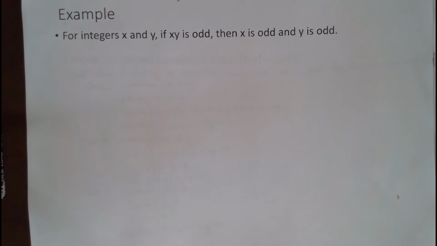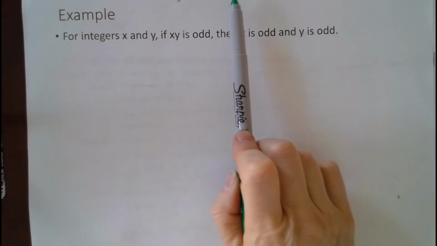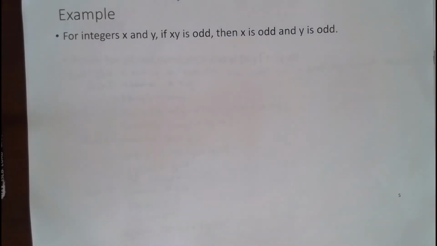So once again, we have this situation where if I know individually about the parity of x and y, it's pretty easy for me to then reason about the parity of the product. But if all I know is the parity of the product, and I don't know anything individually about x and y, it's really hard to do.